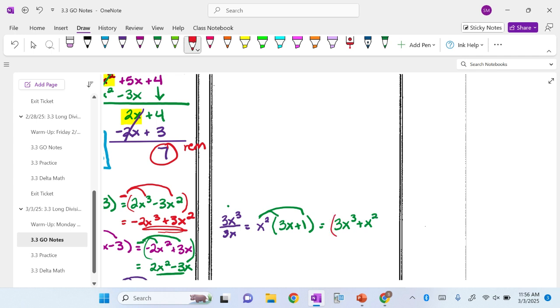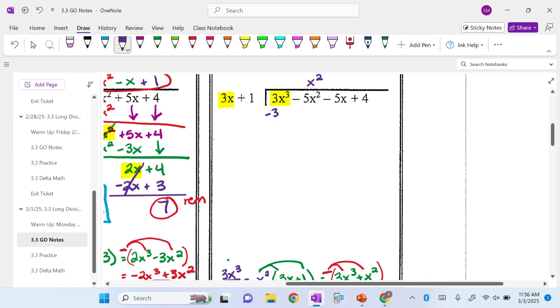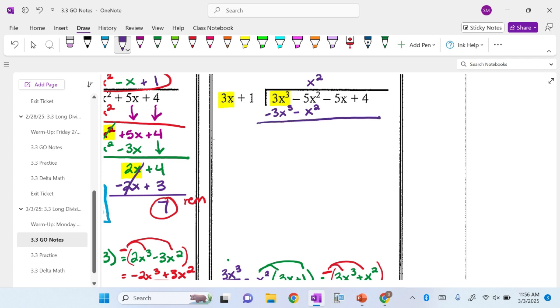And since we're subtracting, what am I writing up top? What's the other part? Good. So I'm going to write this up top underneath my original. So this will be minus 3x cubed minus x squared. And then combine like terms.